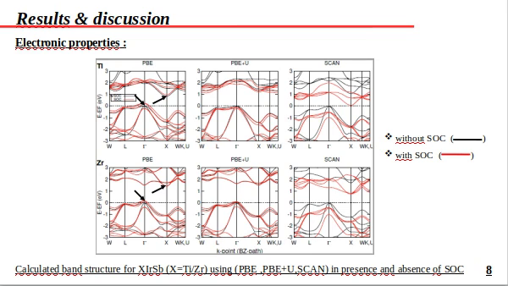And we notice that in the absence of SOC, the figures show an increase of the band gap when going from PBE to PBE+U for the two compounds. So it's confirmed that the Hubbard potential corrects the self-interaction effects yielding an underestimation of the band gap.